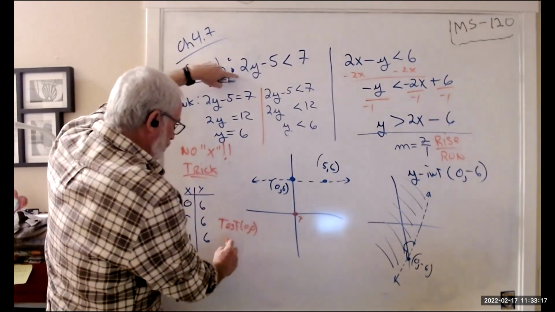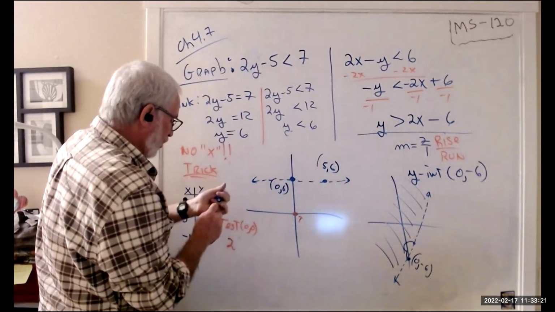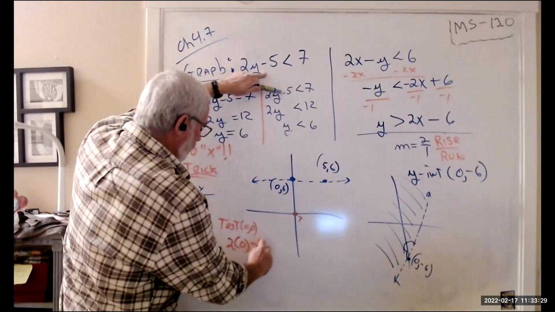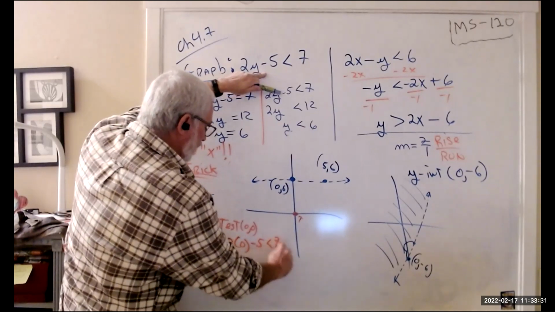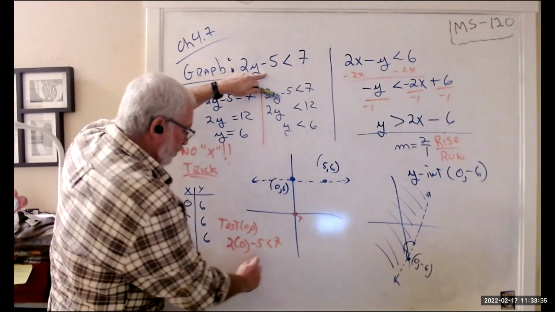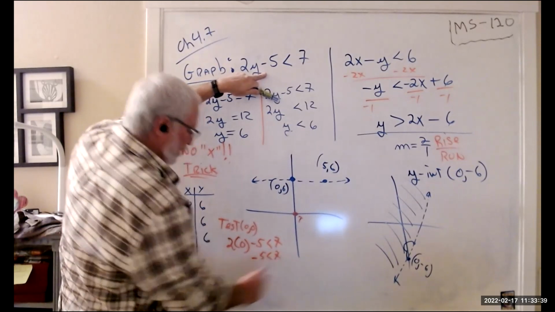Does the red show up enough, or do you want me to go to blue? Yeah, it's good. Okay, so we have 2 times 0 for y minus 5 is less than 7. The 2 times 0 drops out, so we have minus 5 is less than 7.